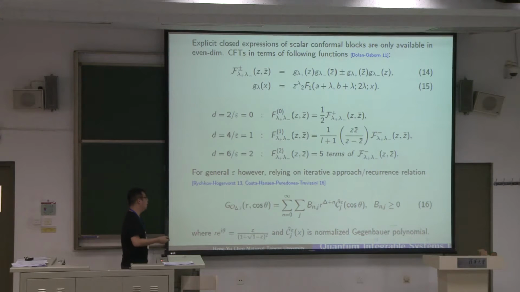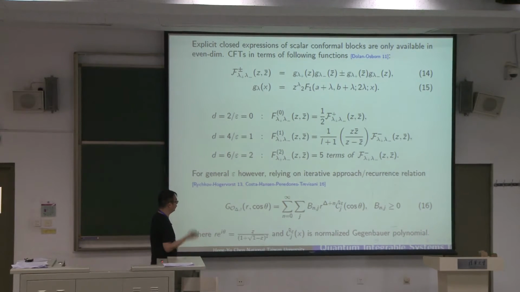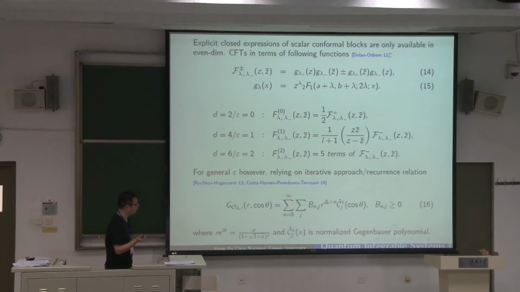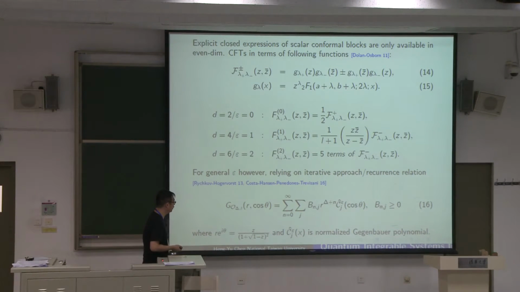Now basically you get some final answer like this, where the coordinates r and theta are related to the z coordinate I introduced earlier. But basically this is a recursive approach that suffers the usual problem of the recursion relation, that you have to determine the coefficient at the leading order and the next order before you can continue, and so on and so forth.